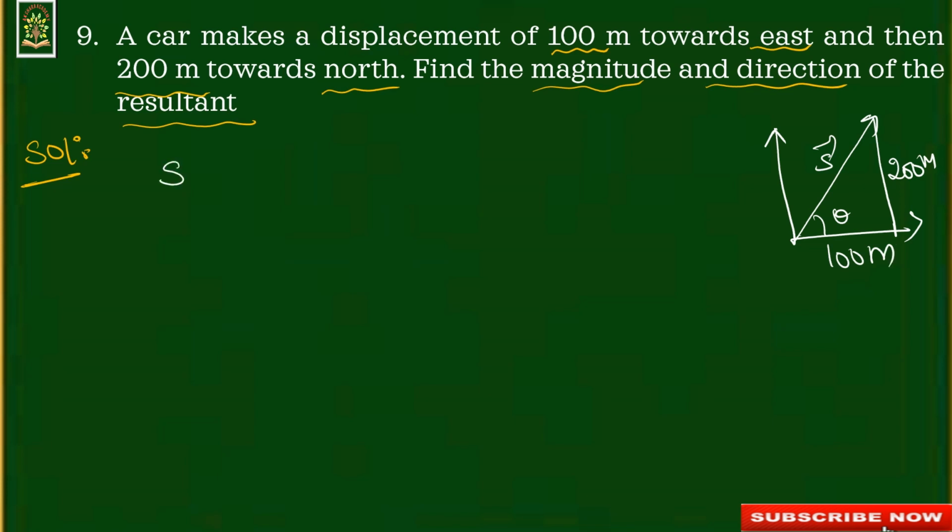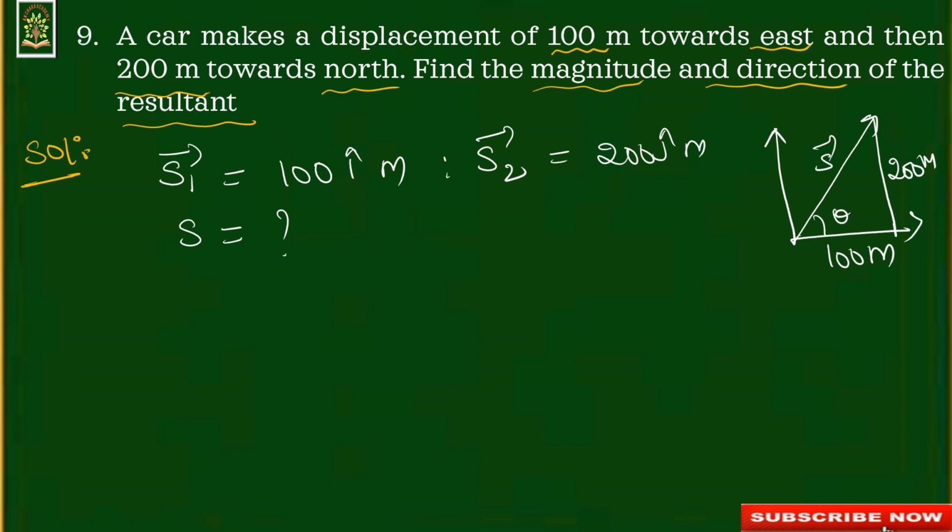Now S1 bar is equal to 100 i cap meters and S2 bar is equal to 200 j cap meters. Then S is equal to question mark. We have to calculate the magnitude and direction of the resultant.